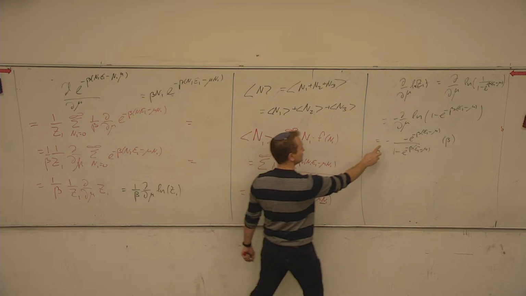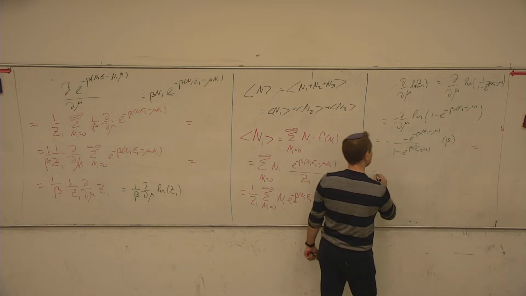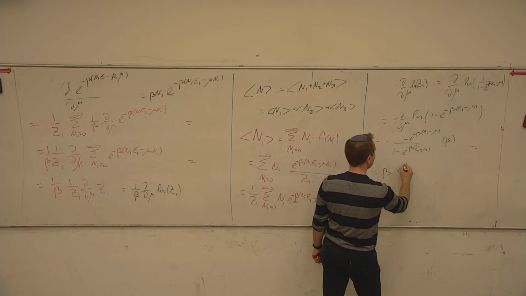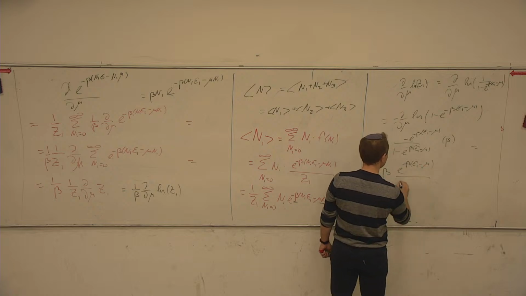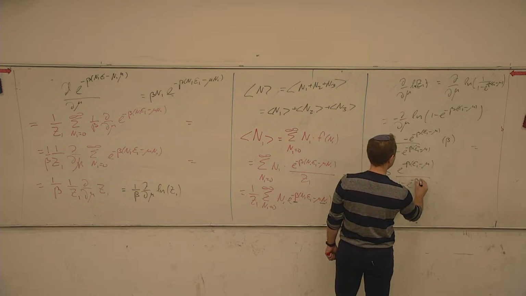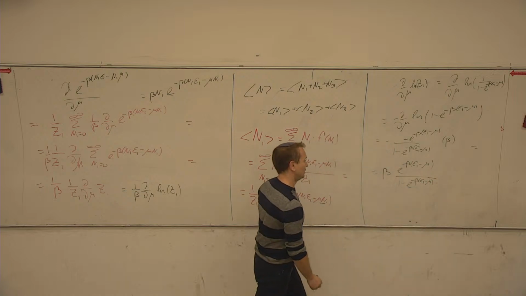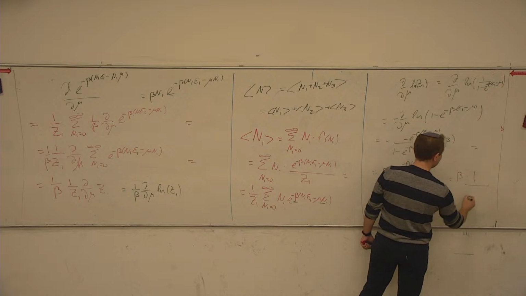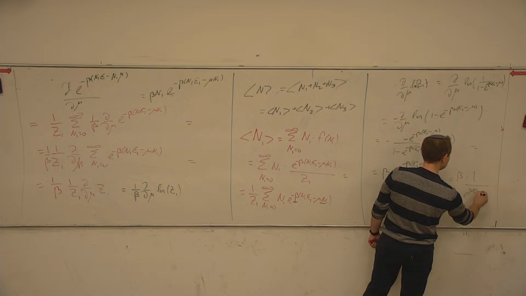So I have a minus from here, a minus from here, and in total I obtain beta e to the power minus beta (epsilon 1 minus mu) divided by 1 minus e to the power minus beta (epsilon 1 minus mu). Or I can write it as beta multiplied by 1 divided by e to the power beta (epsilon 1 minus mu) minus 1.